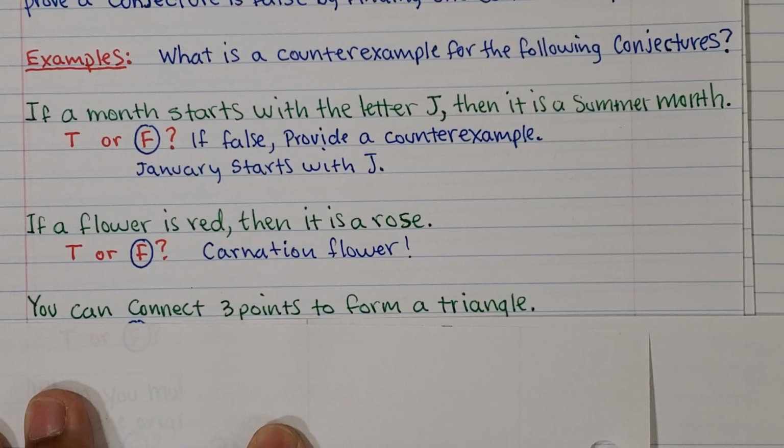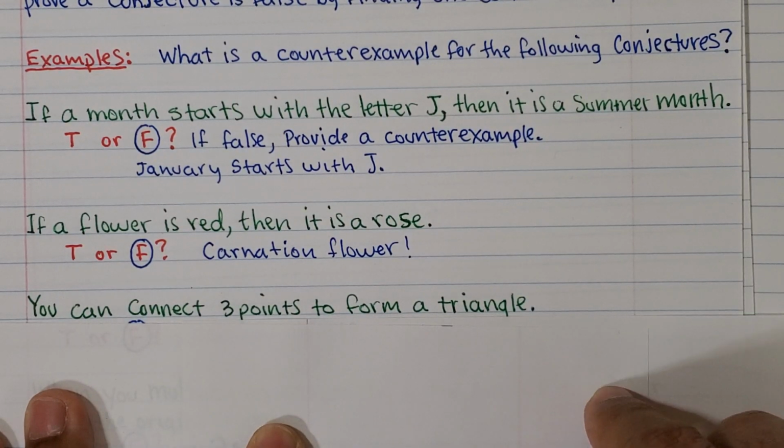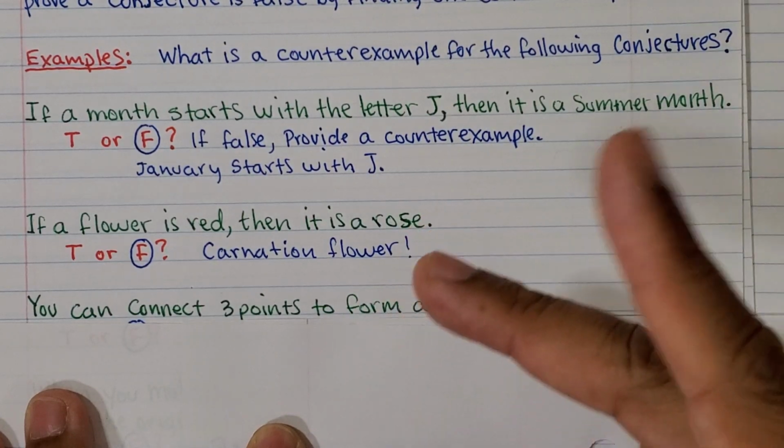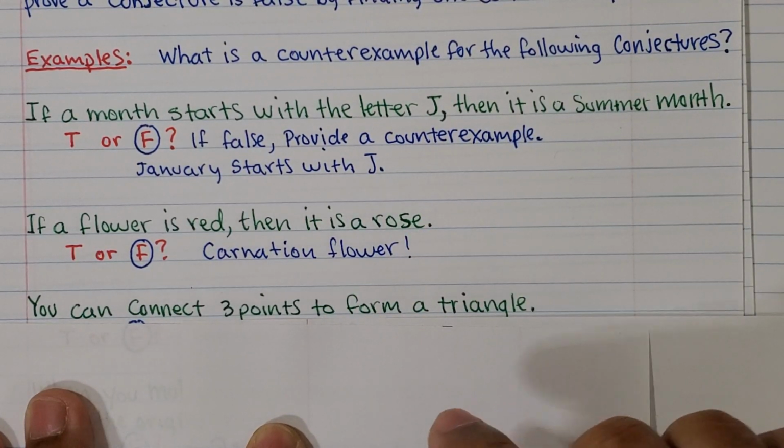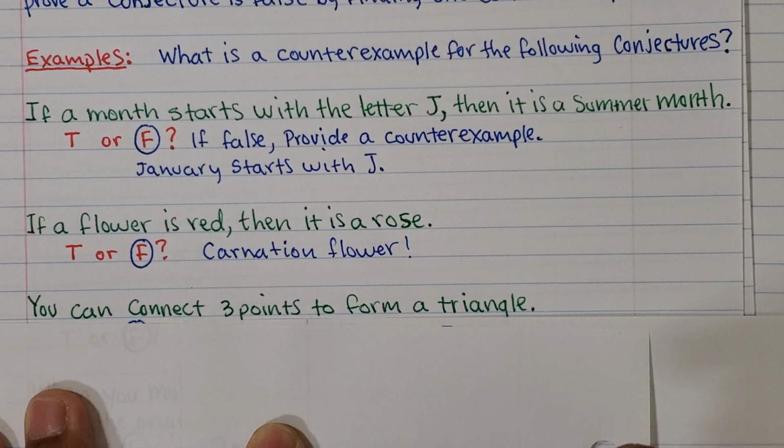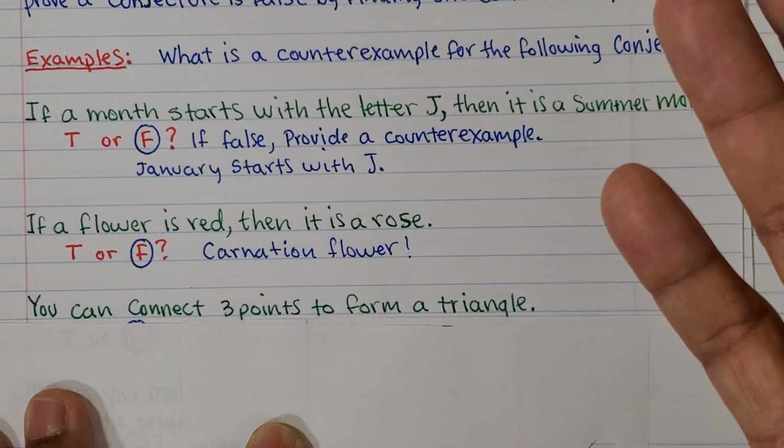I'm going to go back to lesson 1.1, the notes that introduce you to the basic vocabulary in geometry. One term there was collinear points. Collinear points are 3 points that lie on the same line. You connect those 3 points and they form a line. They do not form a triangle.